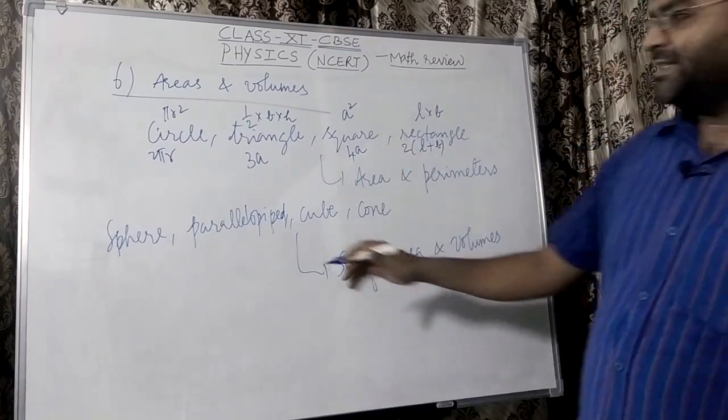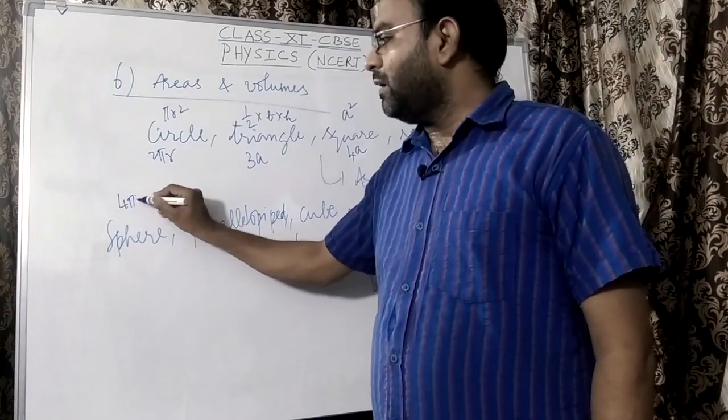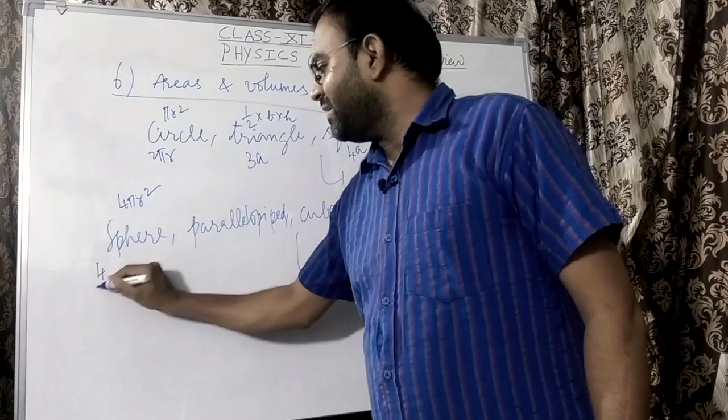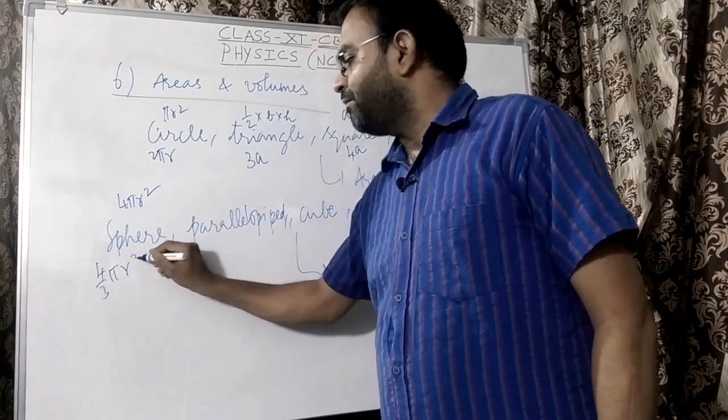For sphere, the surface area is 4 pi r squared if the radius is r, and the volume is of course 4 by 3 pi r cube.